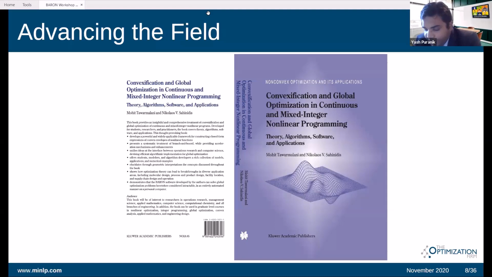Of course, to do this over a period of 30 years, it has taken quite a decent amount of theoretical advances, algorithmic ingenuity, and so on. And in that context, especially in Nick's group, we've been advancing the field significantly, right from say the early 90s when they introduced the idea of factorable relaxations, which was introducing a new variable and a new equation for every nonlinear functional form in the model.